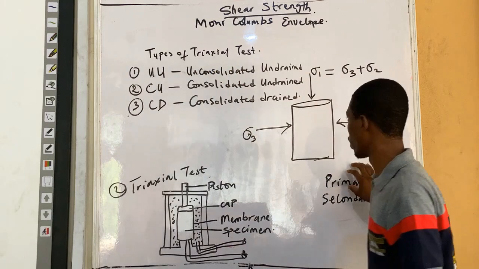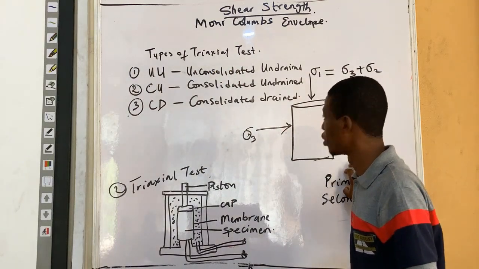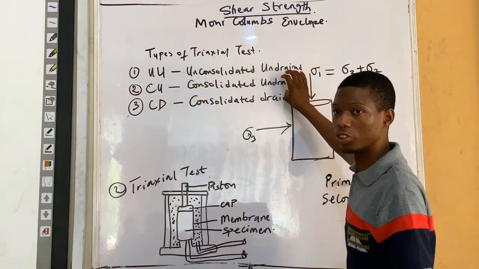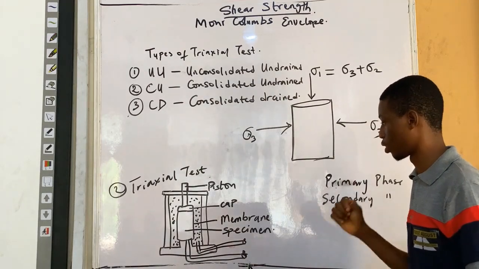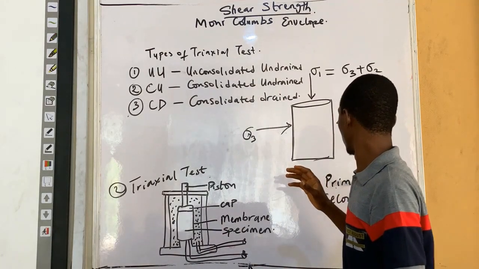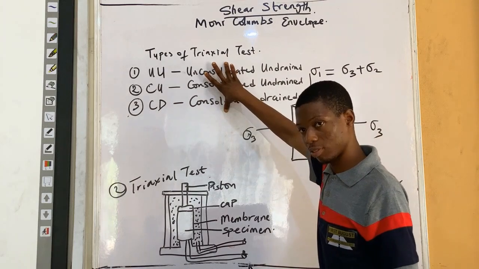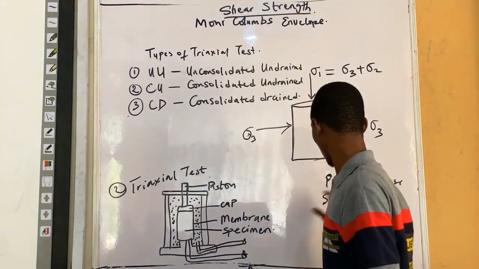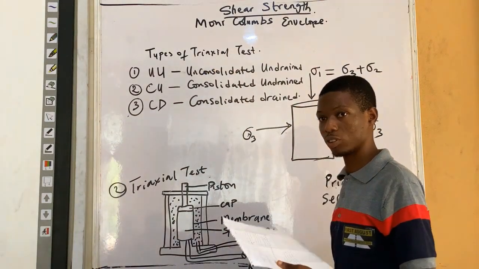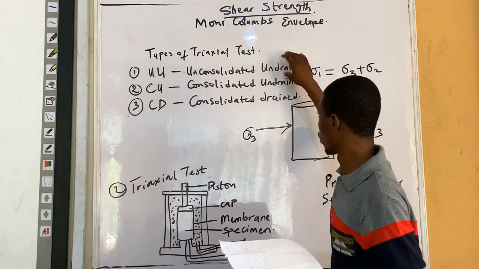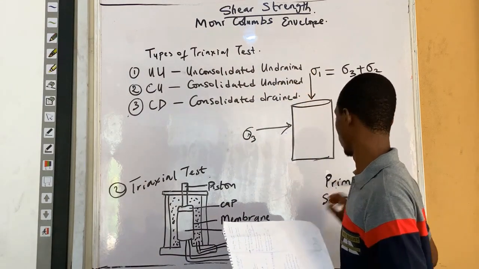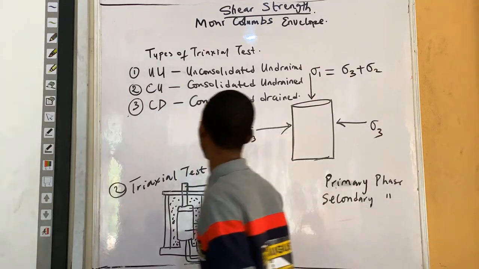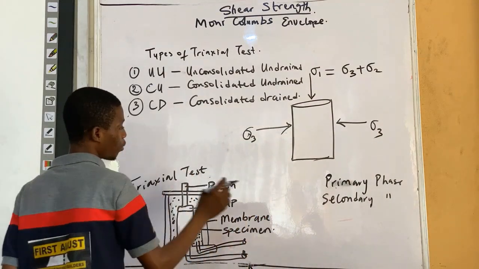While the undrained or drained is gotten from the secondary phase. So the first C is gotten from the primary phase, while the drained or undrained is from the secondary.